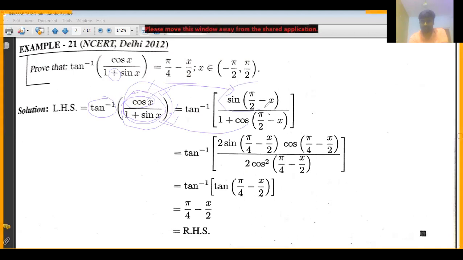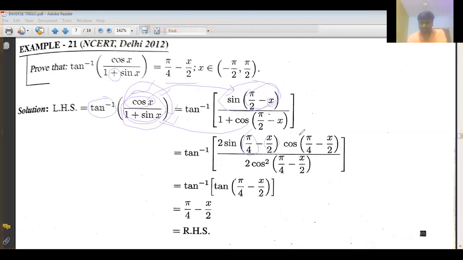Now tell me, sine of something. Sine of something means compulsorily we should write the formula 2 sine x by 2 cos x by 2. See, 2 sine, this one by 2, means pi by 2 by 2, pi by 4, and x by 2. So 2 sine of that angle by 2, cos of that angle by 2. Clear?